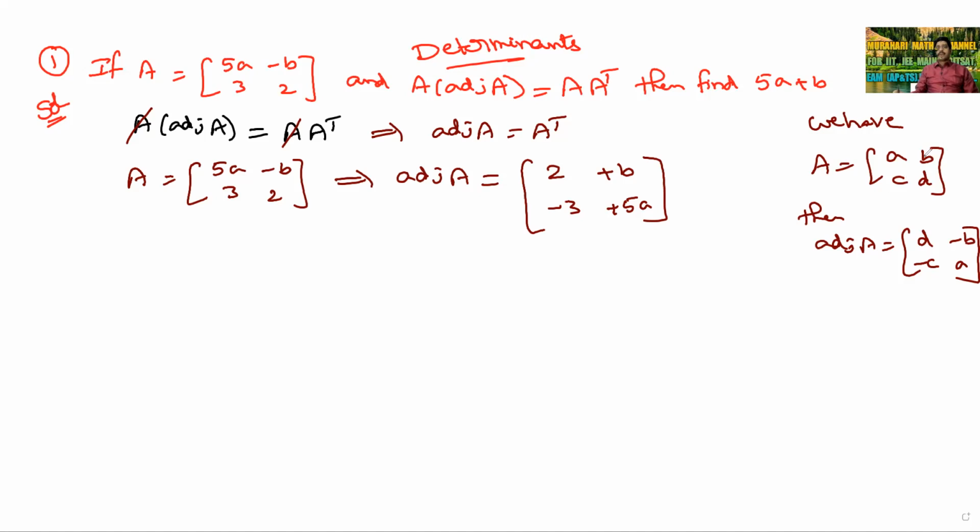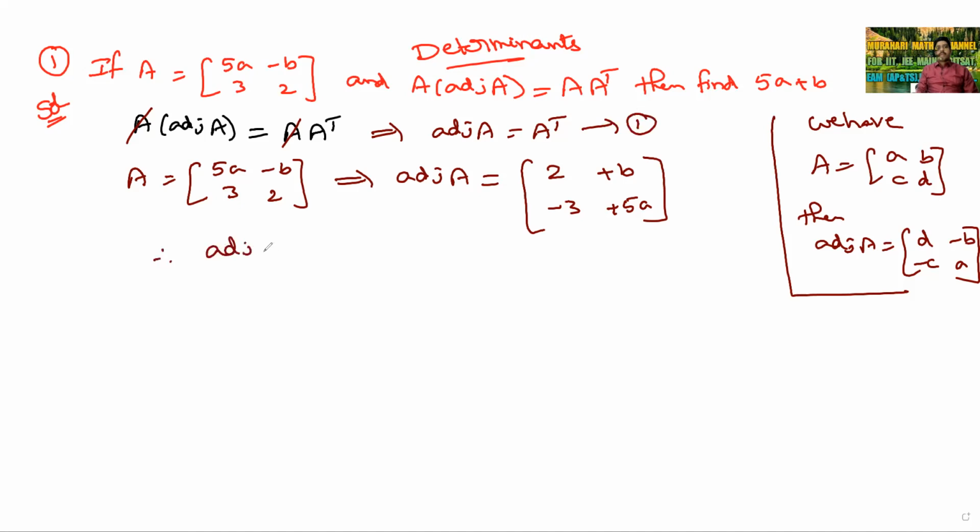In this matrix A, the principal diagonal elements are 5A and 2. So first we interchange the principal diagonal elements to 2, 5A, and the other diagonal elements are multiplied by minus 1. That is called adjoint of A. Let us take this as equation 1.